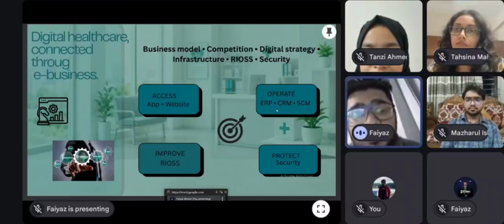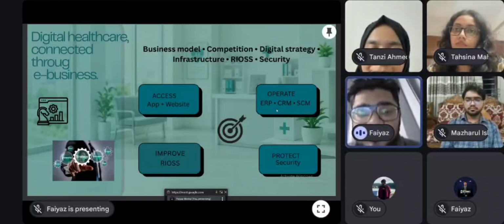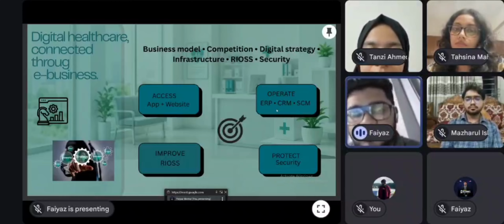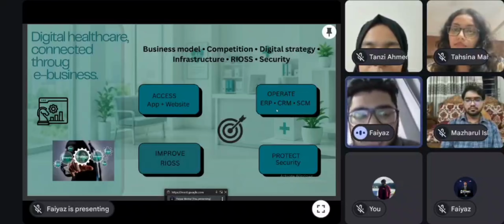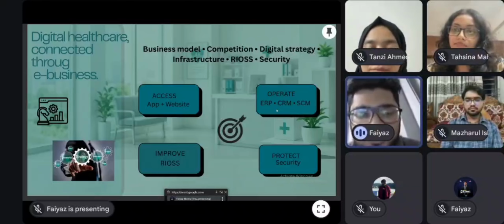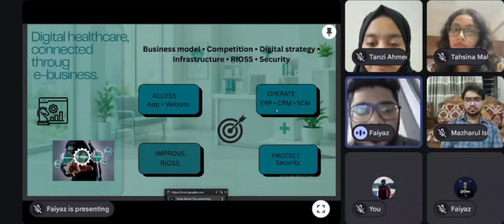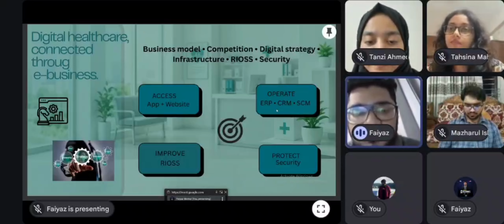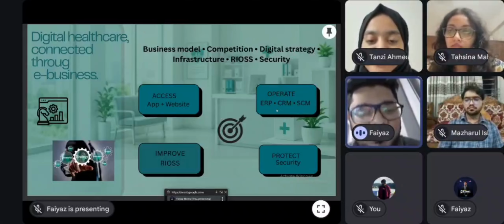And finally, protect focuses on security. Since Arogga handles customer and healthcare-related information, protecting this data is extremely important. So overall, the idea is to provide convenient digital access, operate efficiently, continuously improve, and protect the entire system.